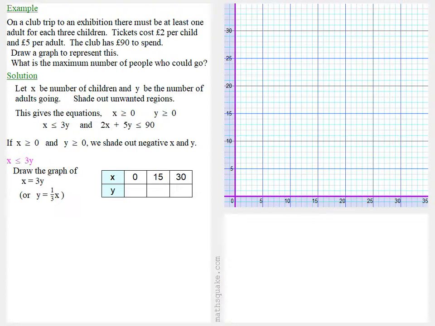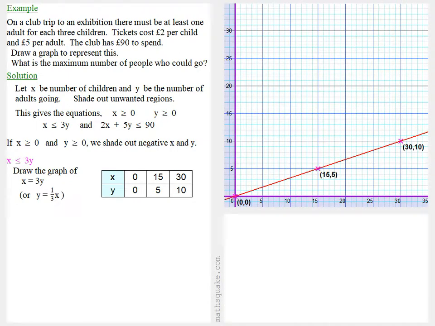Now if x is 0, y is also 0. If x is 15, then y is a third of 15, which is 5. And if x is 30, y is equal to 10. We can plot those points on the graph and join them with a straight line.